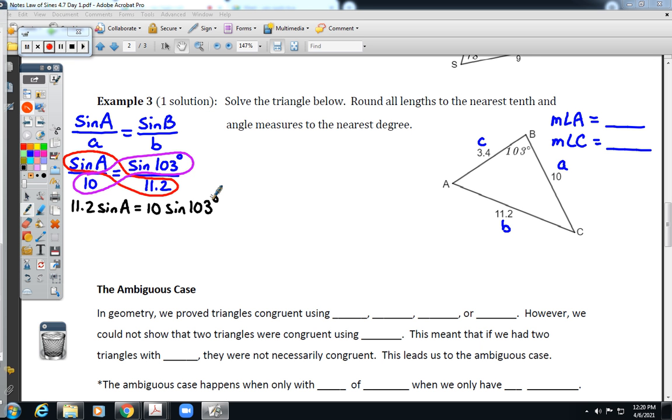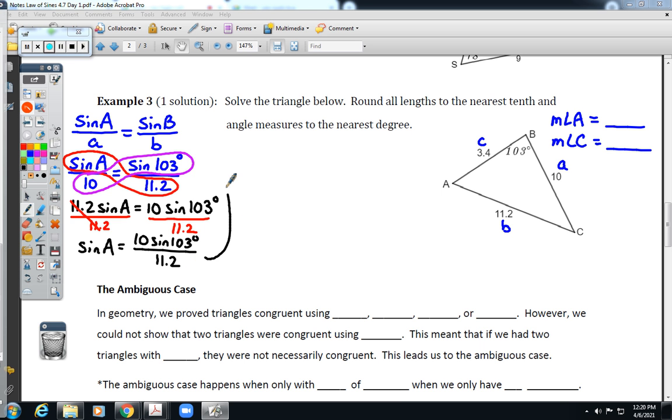To solve that, we need to divide by 11.2. Which gives us the sine of A is 10 times the sine of 103 degrees divided by 11.2. And then arc sine. Take the inverse sine of that.